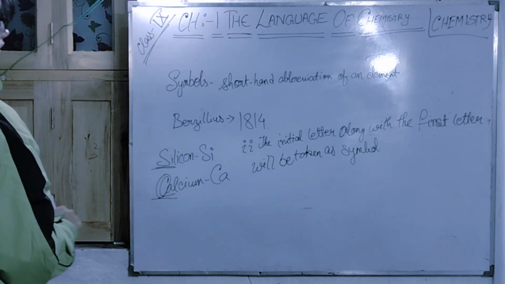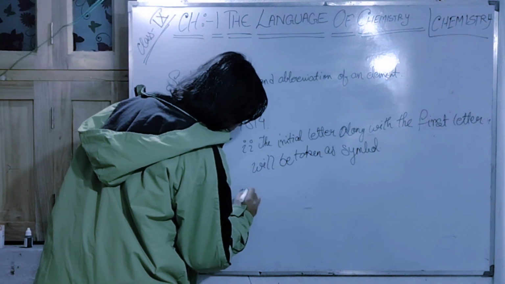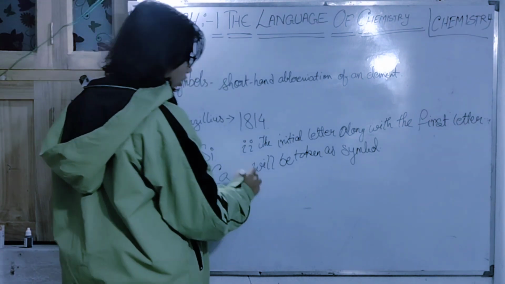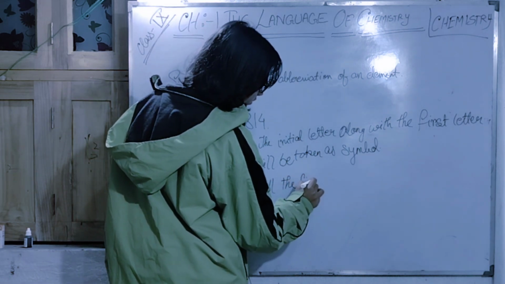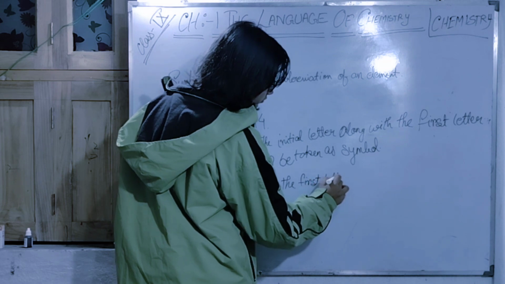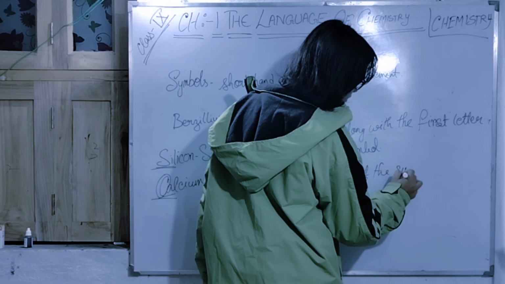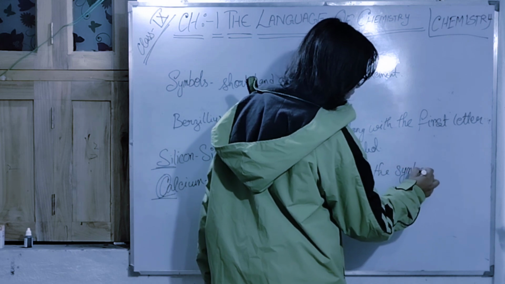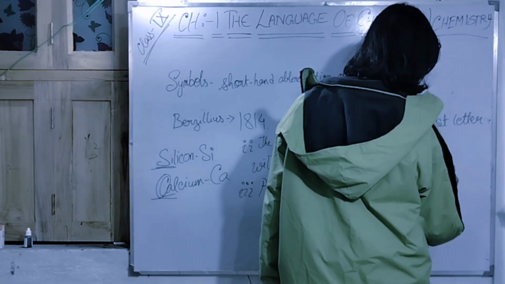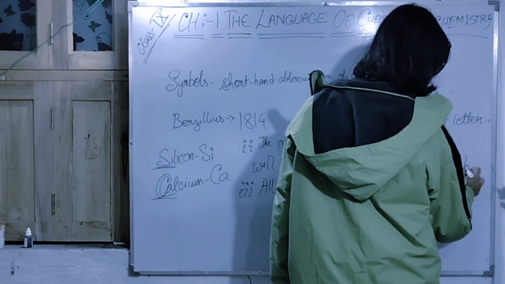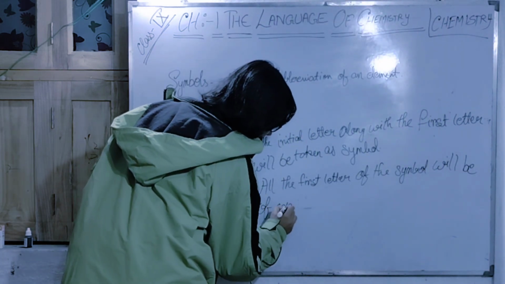Now, another thing that was suggested by Berzelius is that the first letter of the symbol will be a capital letter.